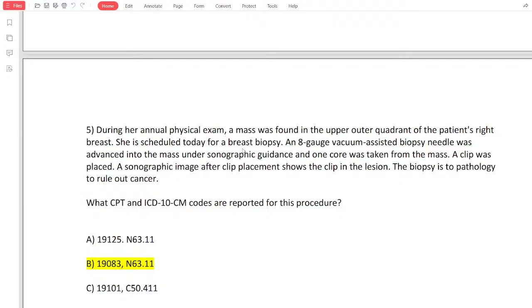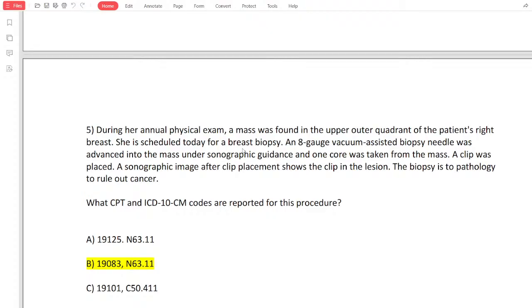Fifth one, it's a little bit too long a question, but the options are very small. During her annual physical exam, a mass was found in the upper outer quadrant of the patient's right breast. She is scheduled today for a breast biopsy.